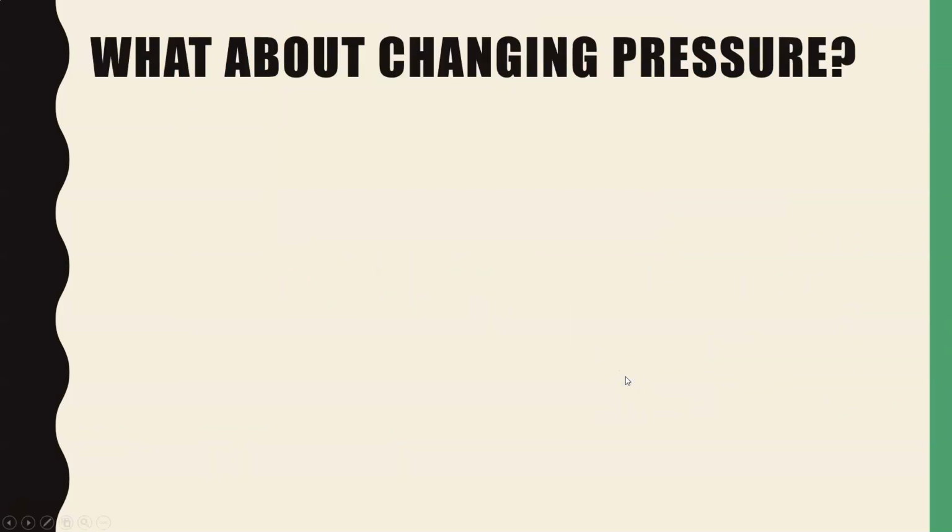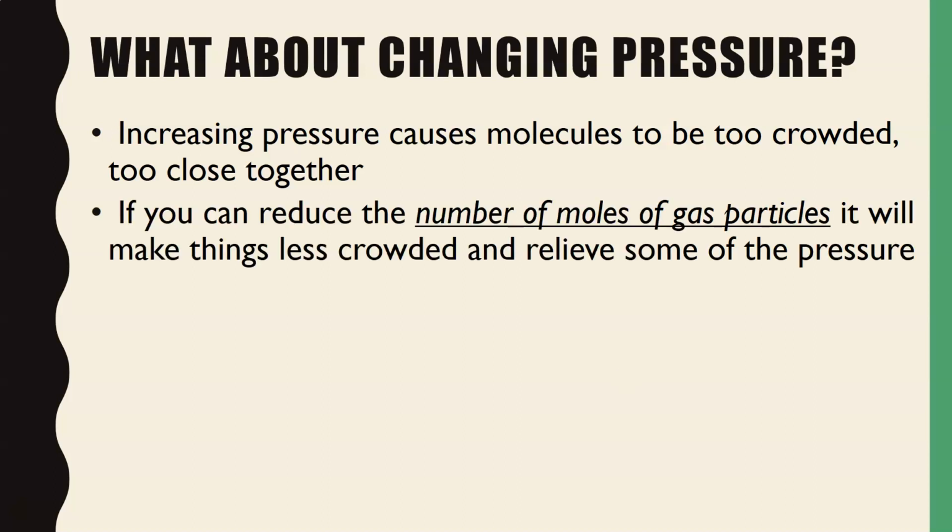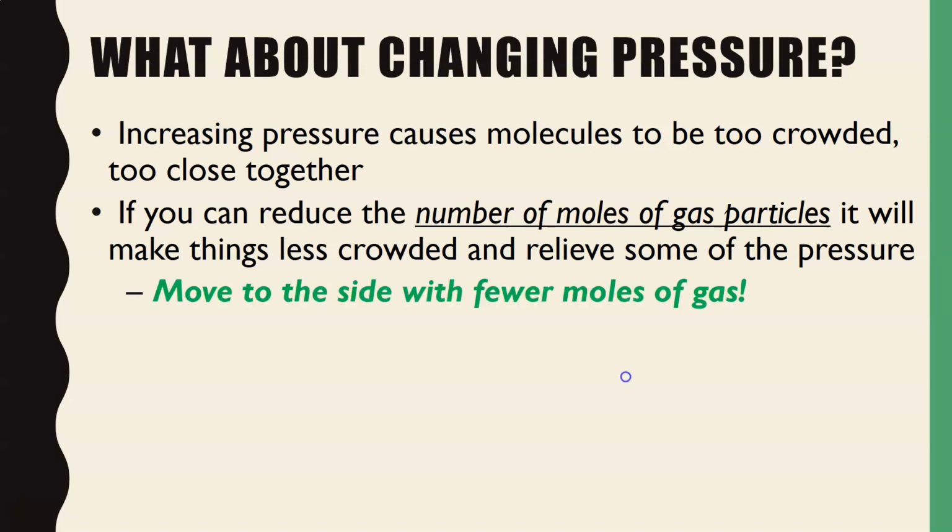So let's talk about changing pressure for a minute. Increasing the pressure causes the molecules to get crammed tighter together, right? They're now closer together. And so if you can reduce the number of moles of gas, you will relieve some of that pressure and you'll give them a little bit more space. So if you increase the pressure, in order to lower how crowded they feel, you gotta proceed in whichever direction will result in fewer moles of gas, okay?